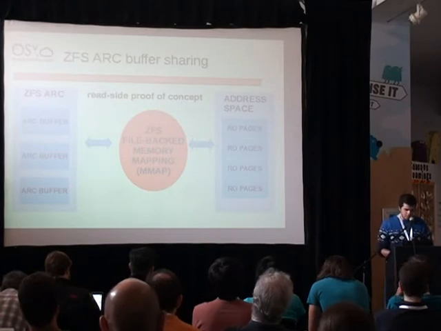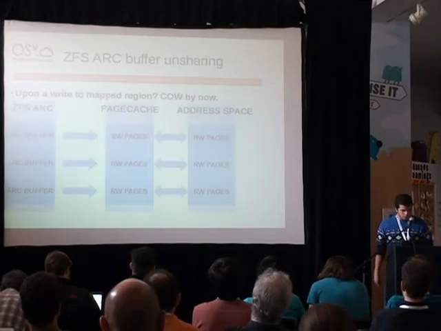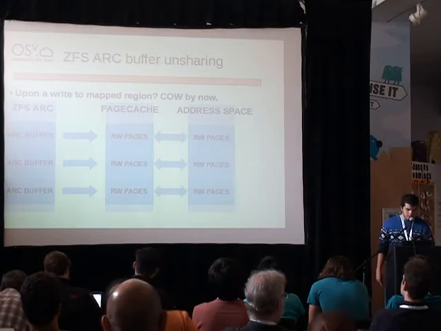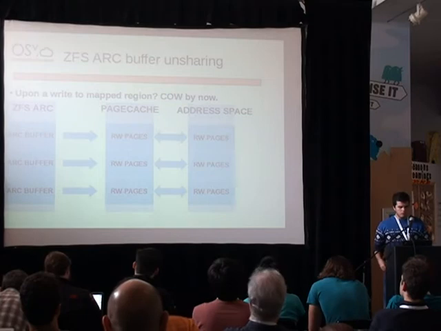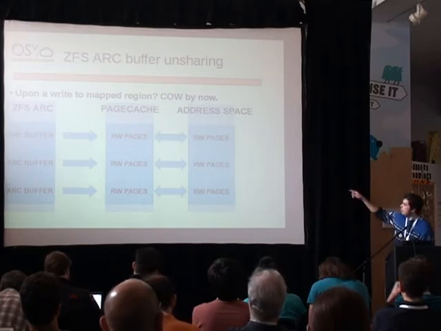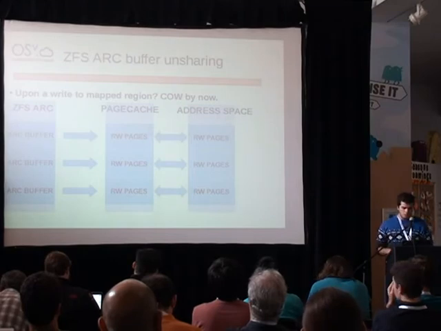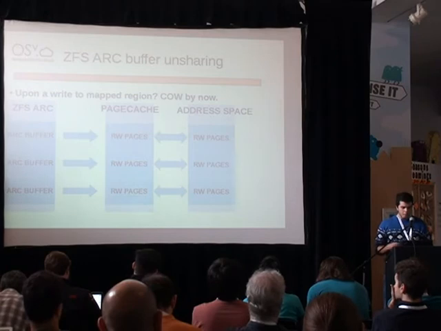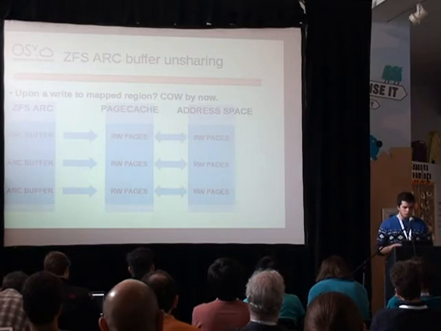In the next slide, I'm going to explain that. Let's say you have the address space with read-only pages. Once you write to a page that was marked with the read-only flag, the operating system would get into a page fault and will have to duplicate those ARC buffers.